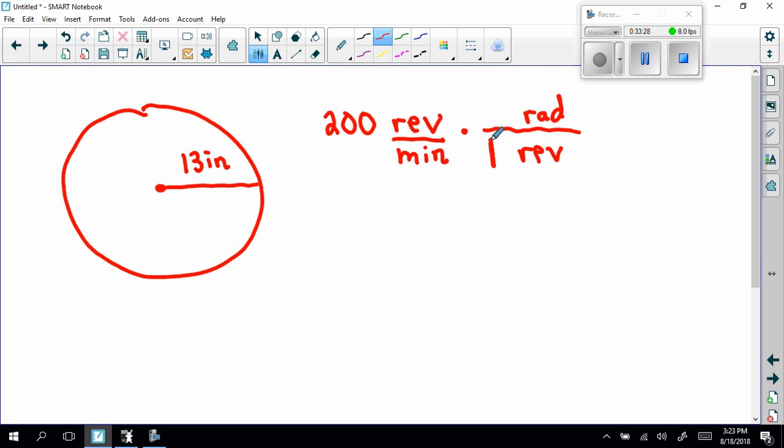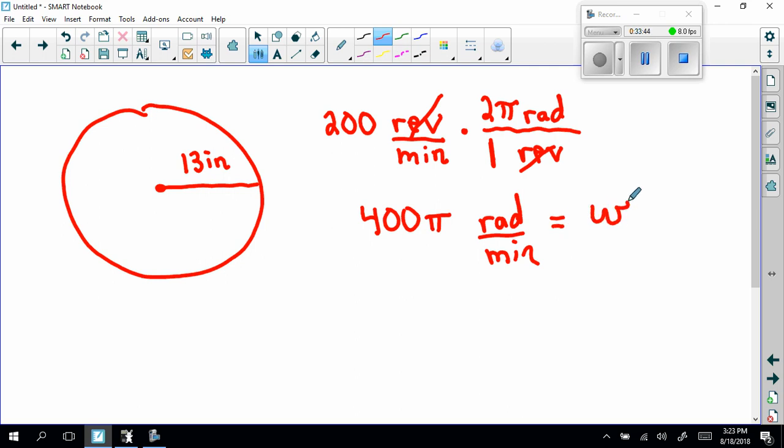In one revolution, that's 360 degrees, there's 2 pi radians. So the revolutions cancel, and I actually have 400 pi radians per minute. And that's omega, or W. That's angular velocity, degrees per minute, radians per minute.